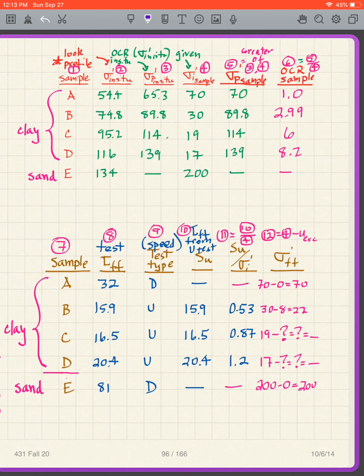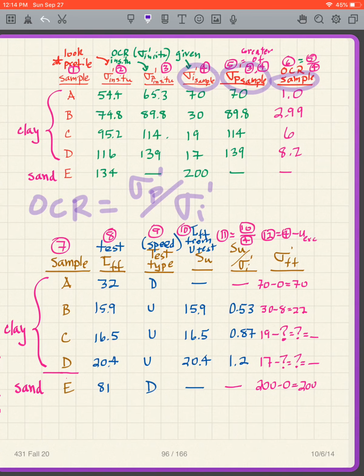Now here's the thing. That means that we have what's called an OCR for our sample. Now remember what the definition of OCR is. OCR is sigma prime P over sigma prime I. And we're talking about the sample here. So what's my OCR of my sample?